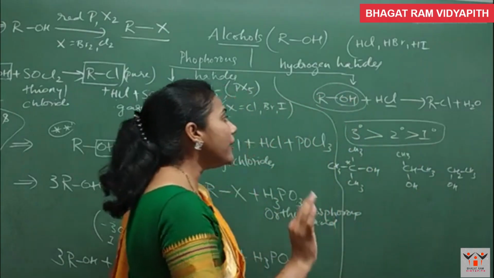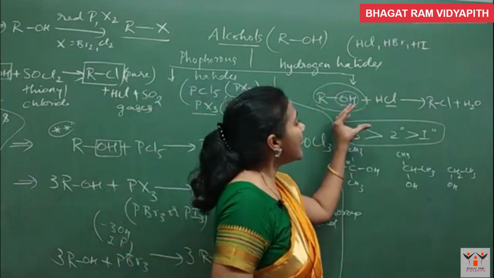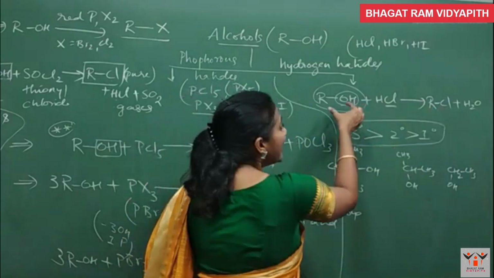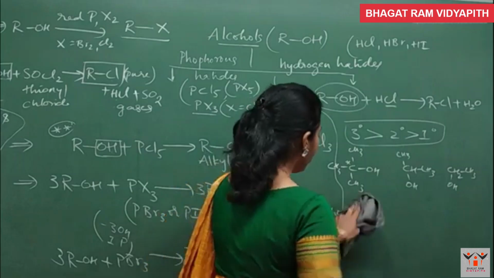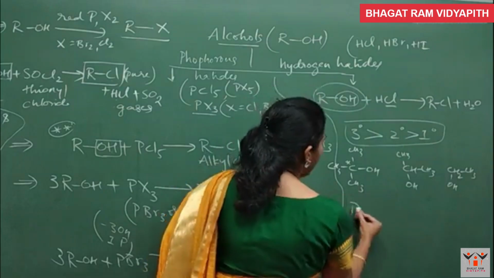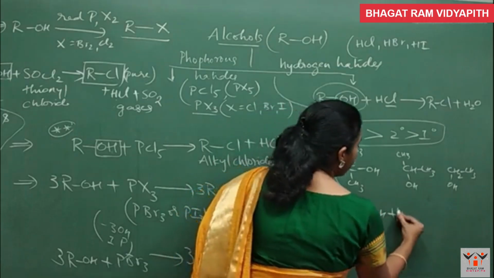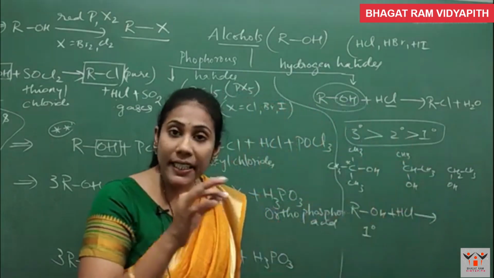So if you take tertiary alcohol, the moment you add HCl, you get your product. But if you take a primary alcohol, on adding HCl, you don't get product immediately.